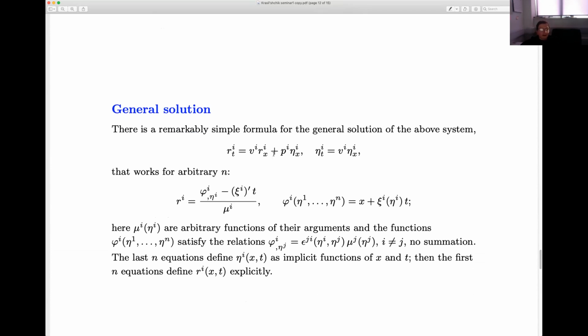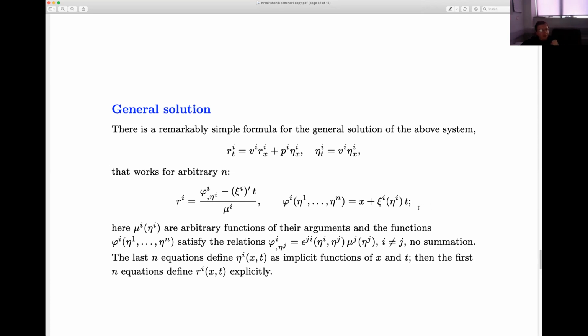Here I just copied the system. So these V_i's, P_i's, I repeat, are certain functions of R's and etas, which depend on soliton velocities, and they depend on phase shifts, right? So here I wrote a general solution.